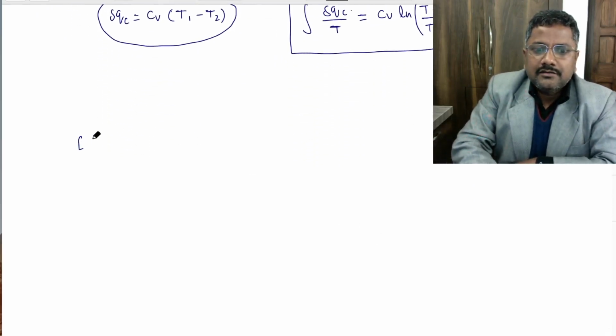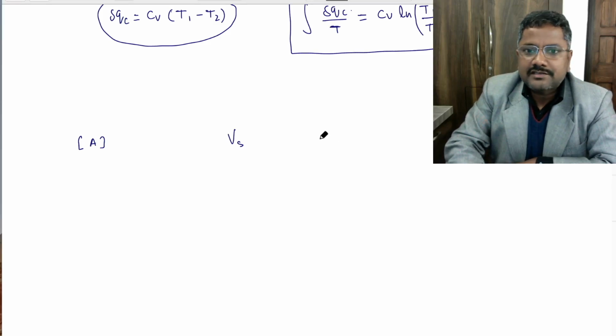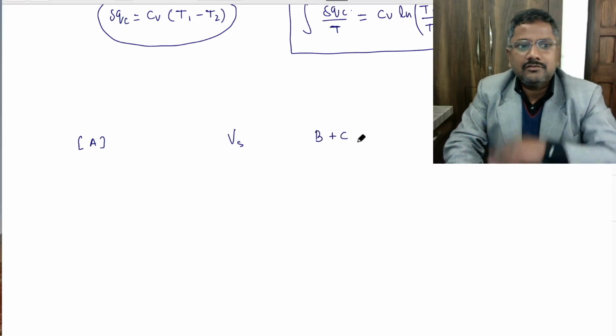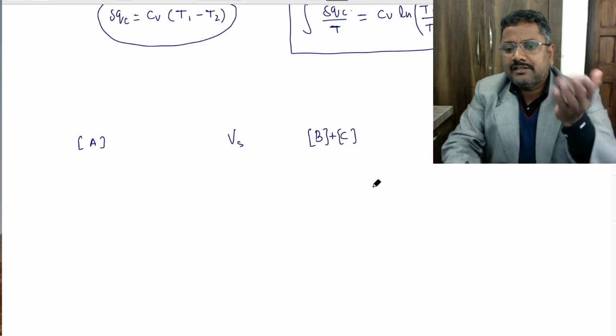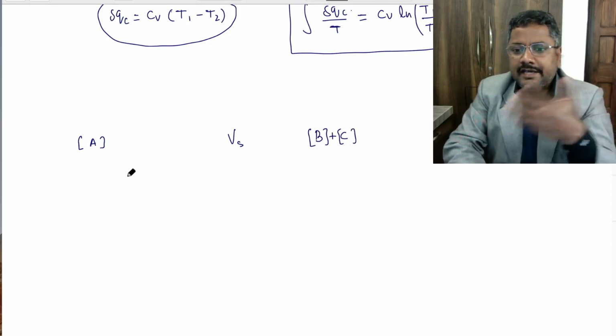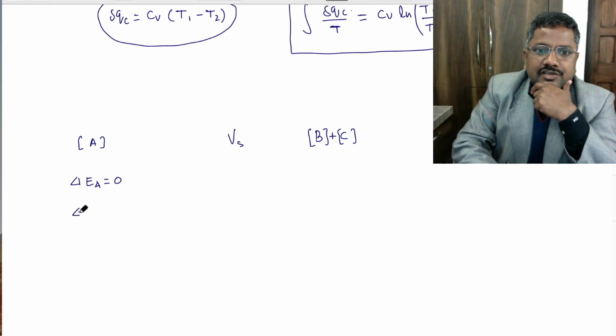Now see, if we compare A versus B plus C, because B plus C will bring the same final state as A brings the final state. Delta EA is equal to 0. Delta HA is equal to 0.